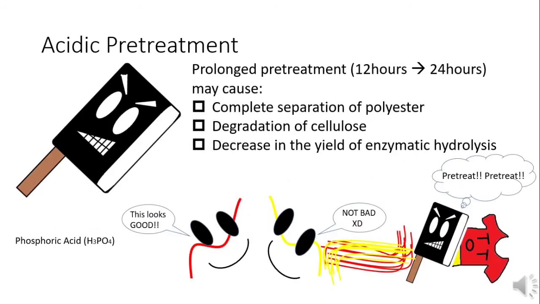From the experimental result, it was discovered that when the pretreatment time was increased from 12 hours to 24 hours, 100% separation of polyester can be made. However, degradation of glucose also happened, which resulted in the decrease of enzymatic hydrolysis yield.